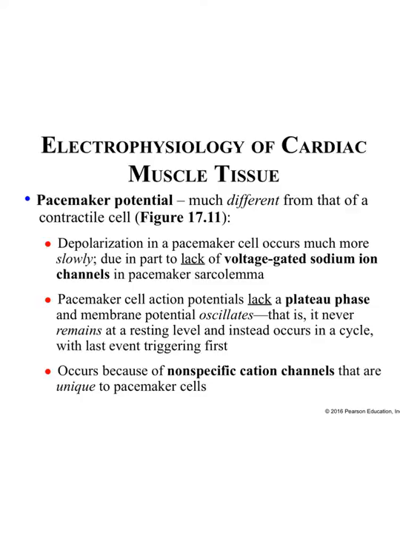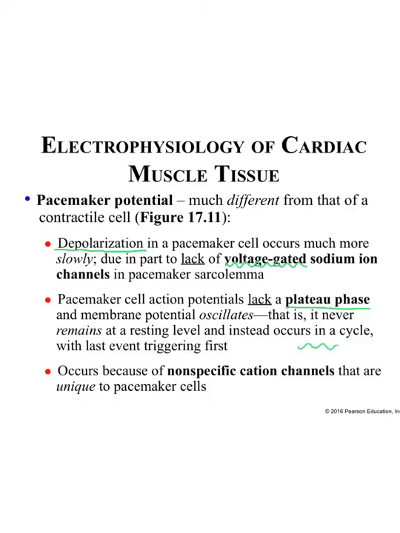Okay, so the pacemaker cells do work differently than the contractile cells. First of all, the initial depolarization, where it was very rapid in the contractile cells, is much slower here. And again, that's because they do not have those voltage gated channels like we did in the contractile cells. They also do not have the plateau phase. The membrane potential basically oscillates.